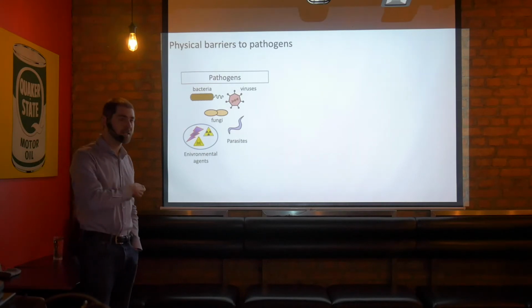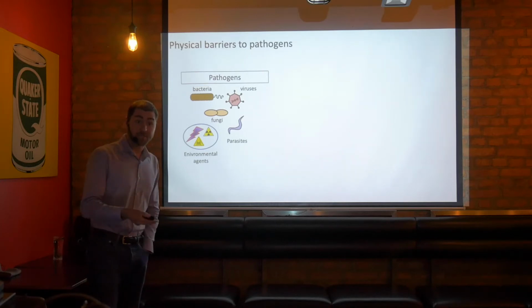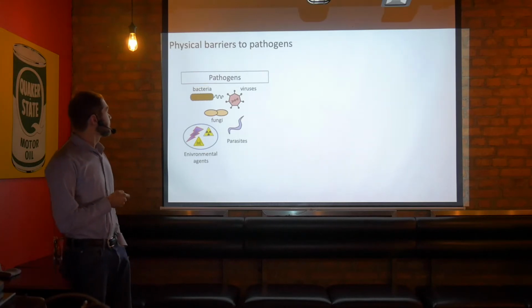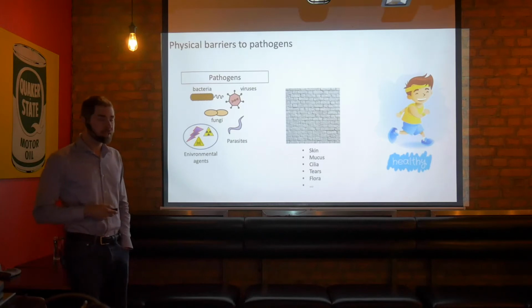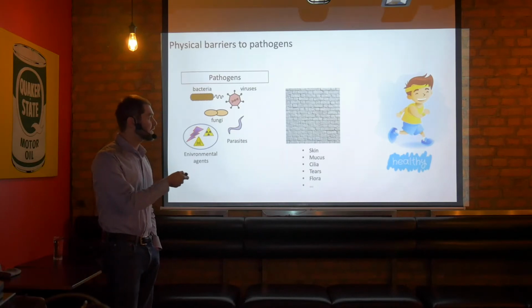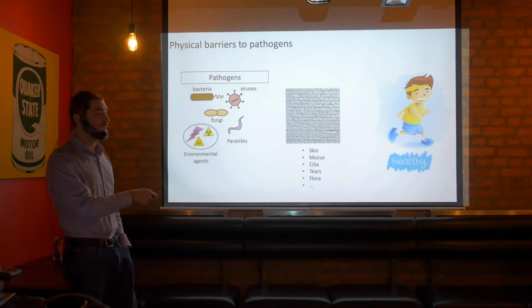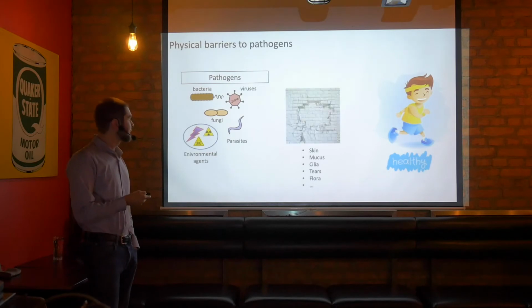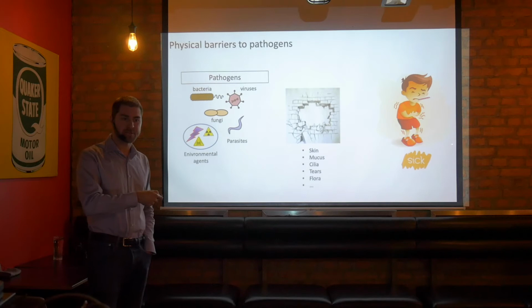These can damage our tissues and cause pathogenic processes. But fortunately, our body has barriers like skin, mucus, cilia, and so on. These barriers normally manage to keep these pathogens outside, and so we stay healthy. But when the pathogens manage to overcome these barriers, then we become sick.